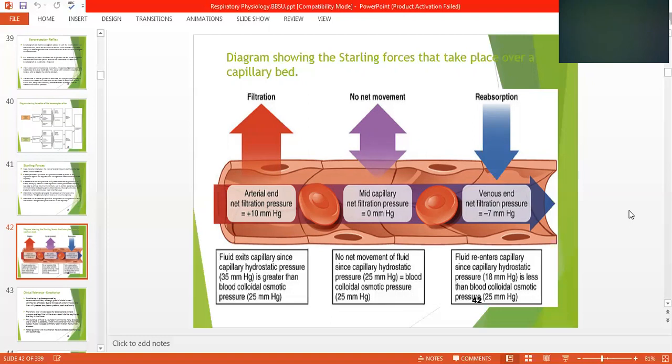In the same way, in veins, fluid re-enters capillaries since capillary hydrostatic pressure, 18 mmHg, is less than the colloidal osmotic pressure, which is 25. So the interstitial fluid pressure is 25 mmHg and the capillary is only 18, so fluid will move from the interstitial fluid into the venules or capillaries.